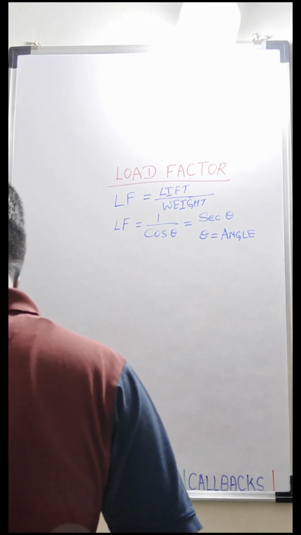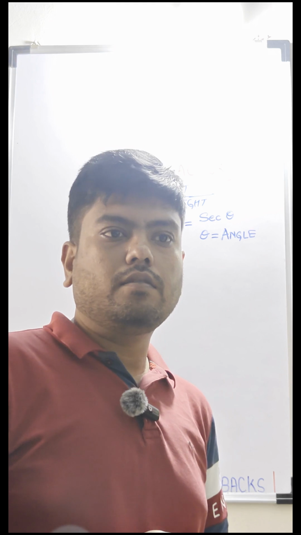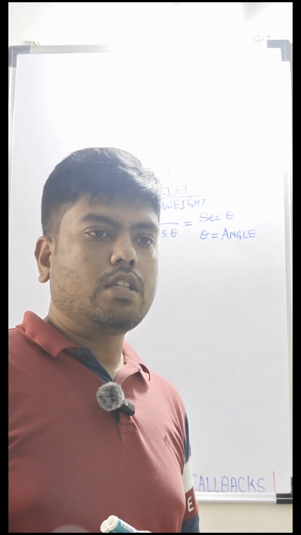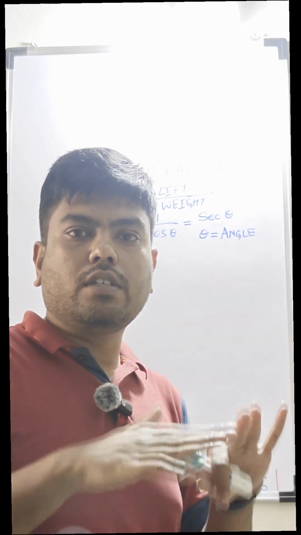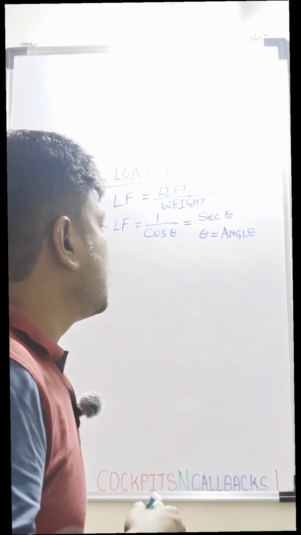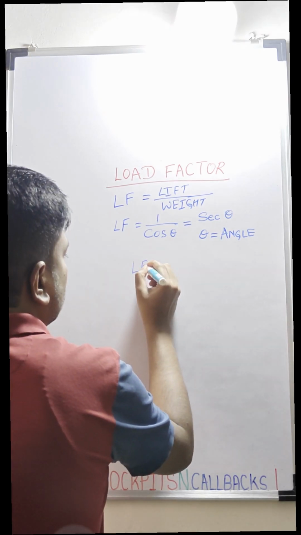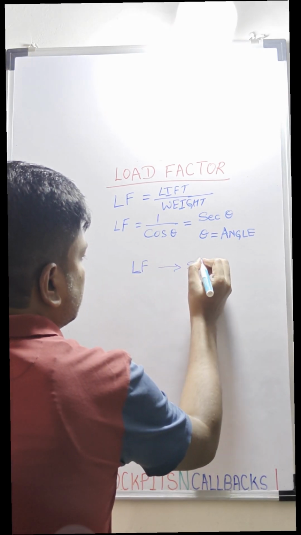There is something called stall speed, right? That is the speed below which the aircraft is going to lose its lift, and it's going to come down. So if we increase the load factor, this stall speed increases.